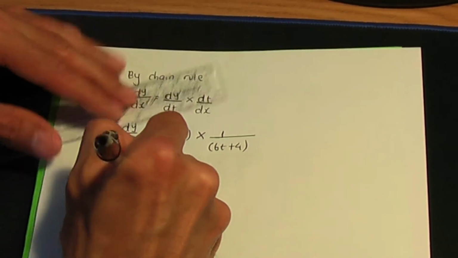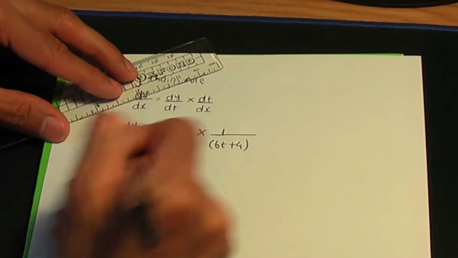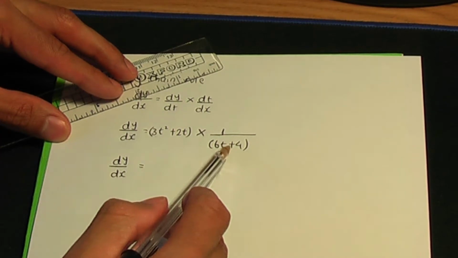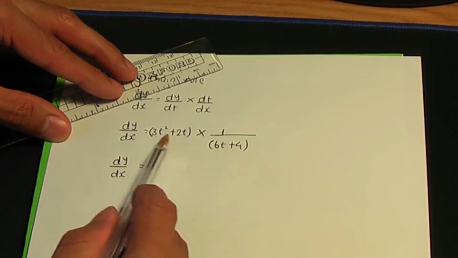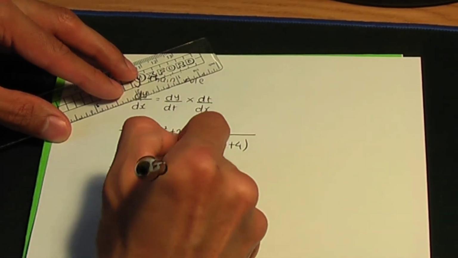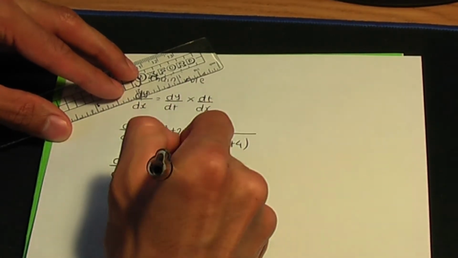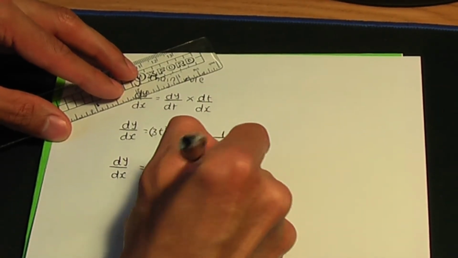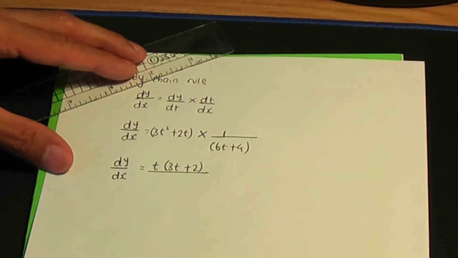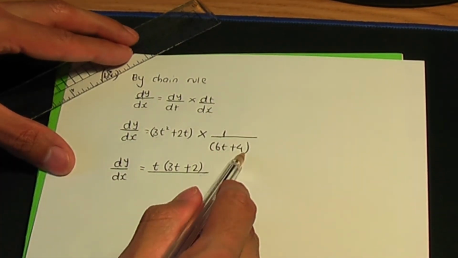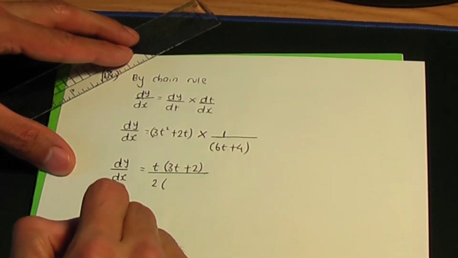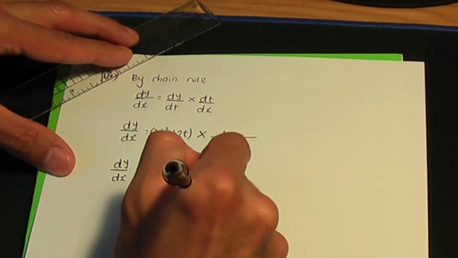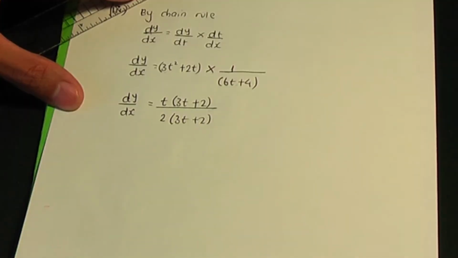So I'm going to try and simplify this by taking out a common factor in the numerator as well as the denominator. If I take a common factor of t from the numerator, I'm left with 3t plus 2. And let me also factorise the denominator. If I take a common factor of 2 from the denominator, I'm left with 3t plus 2 as well.